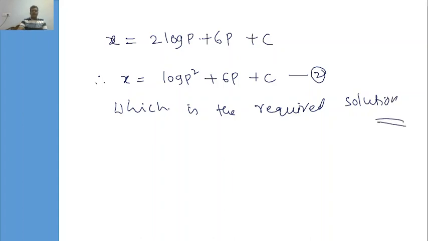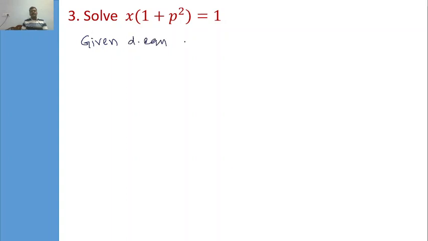Now solve x of 1 plus p square equal to 1. The given differential equation is x of 1 plus p square equal to 1, so it can be solvable for either p or x.